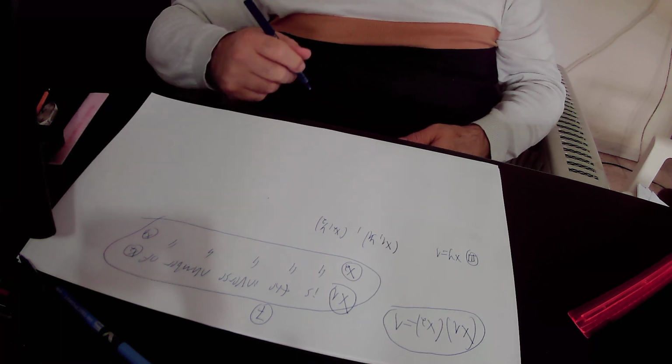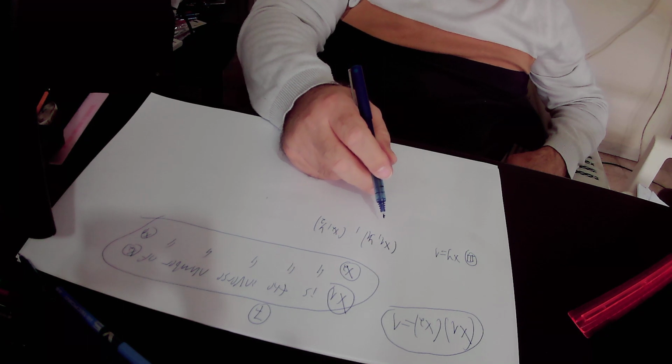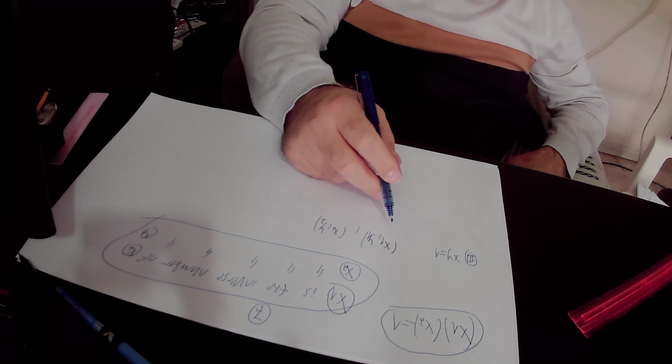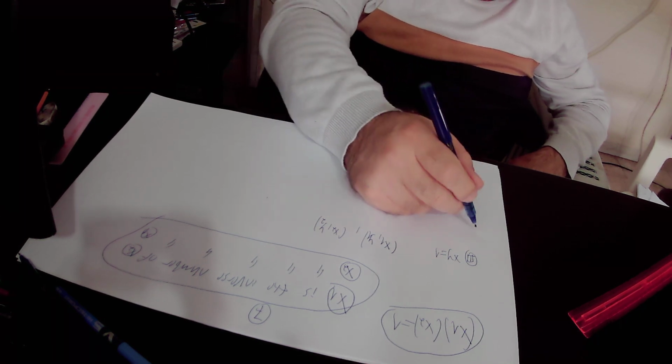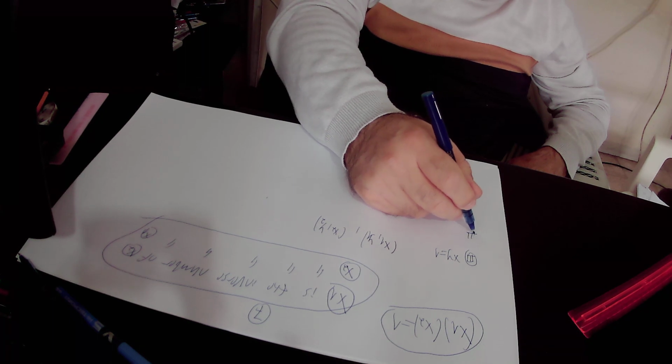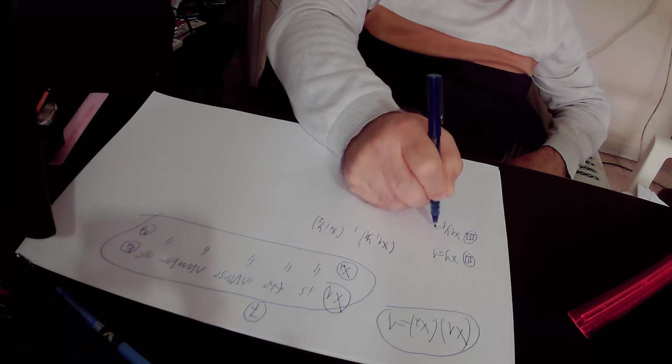So we will put the first solution in equation number 3, that is to say we will substitute x by x1 and y by y1, and we will get that according to equation number 3, x1 times y1 equals 1.